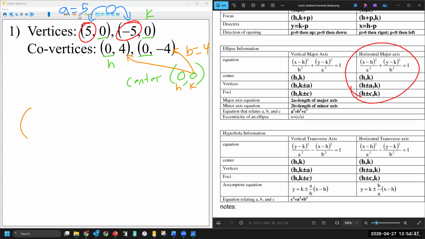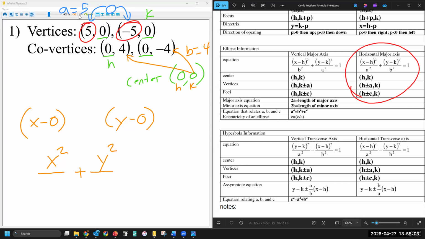Now, because the top is going to be X minus 0, Y minus 0, I'm just going to say X squared, Y squared. Whenever H or K is 0, I just put X squared or Y squared.